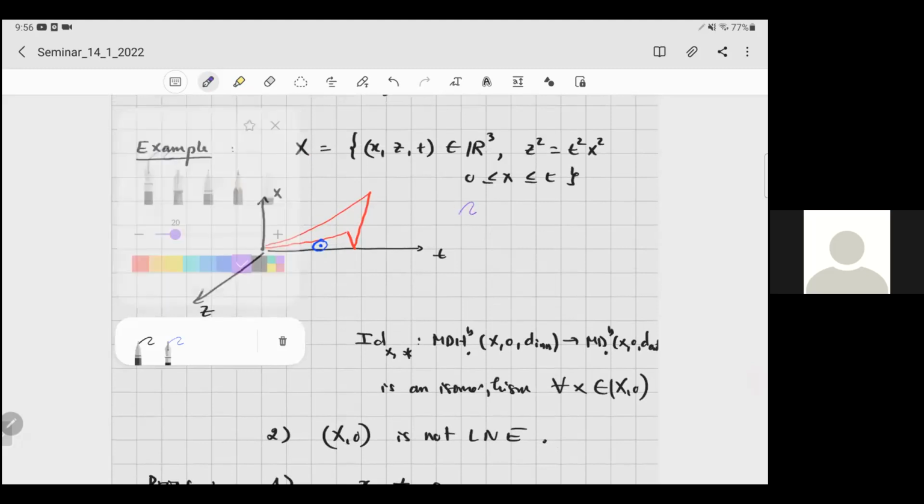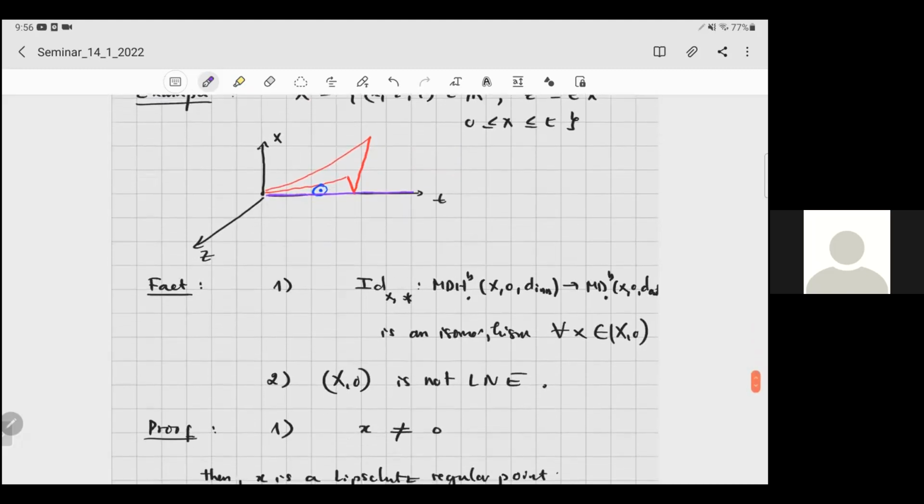You are moving first with s, so you retract X to this t-axis, so it just retracts smaller.